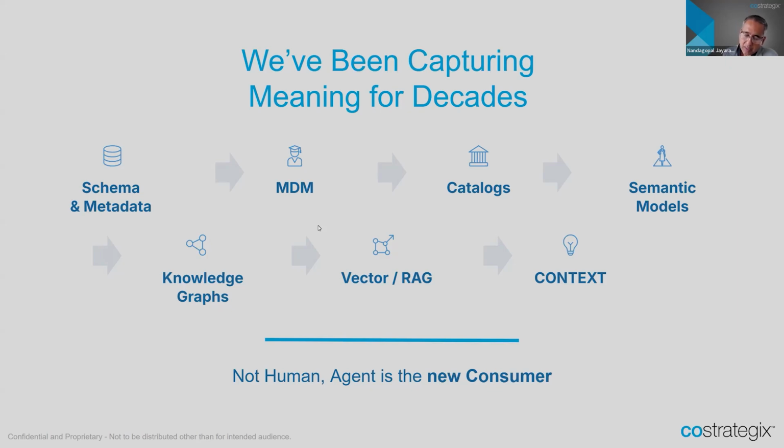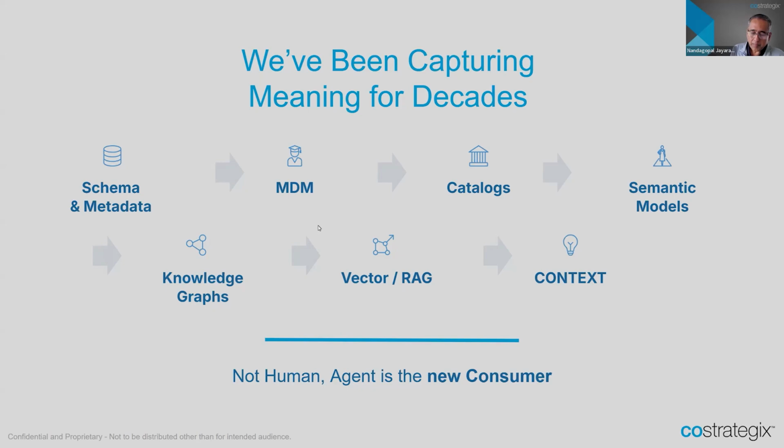Semantic models standardize the business meaning, and we are actively implementing semantic models even today, right? Knowledge graphs capture relationships, like Neo4j type implementations, and then RAGs made enterprise knowledge, the unstructured knowledge, easily accessible to large language models.